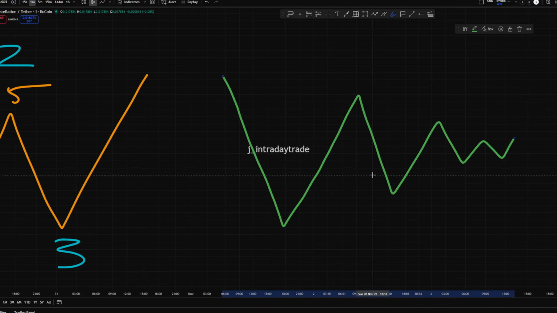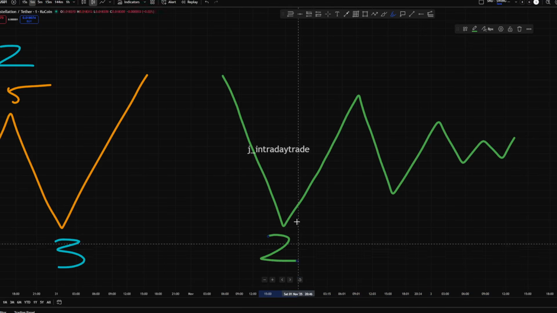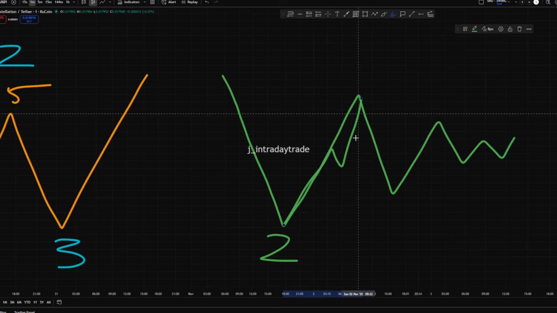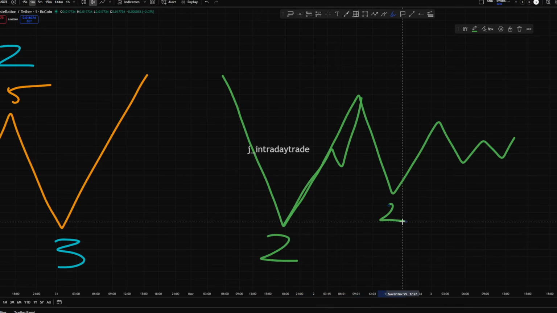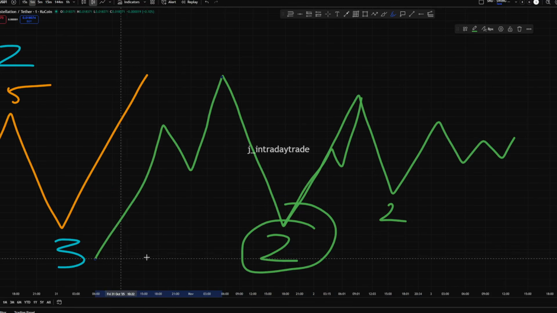In the same way, you can read it like this. You will have a 2 here, and then you might have a smaller inside 2 here, right? So SS2, right? We can actually do it in a very good manner here, so you really understand it.